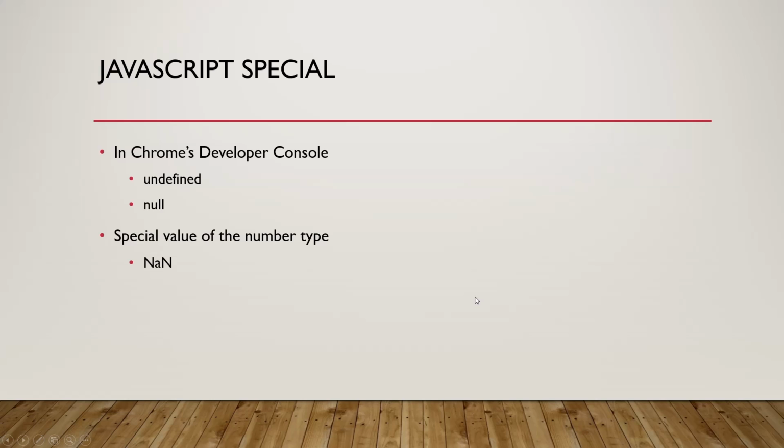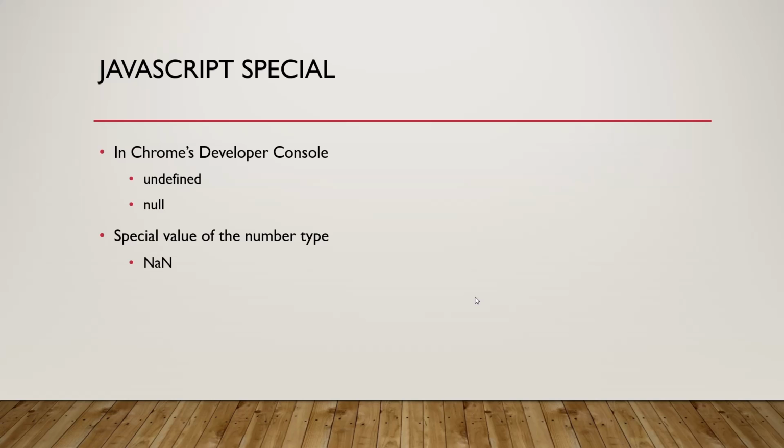So let's review. In Chrome Developer's Console, we saw undefined. Declare a variable. Don't set it to a value, but its data type is undefined. You haven't set it to a value, so JavaScript can't guess the data type. And it's also its value set as undefined. Null means it was especially set to an empty value, and its data type is type of object, even though it also behaves like a data primitive in having a single value.